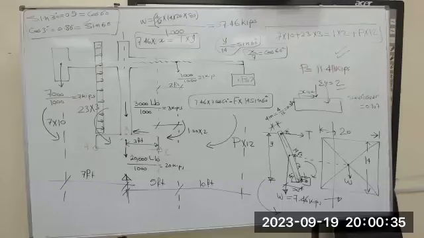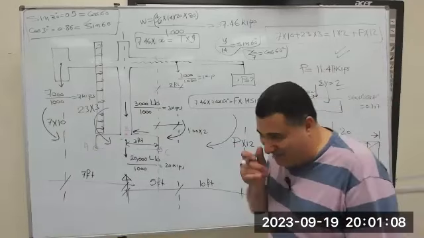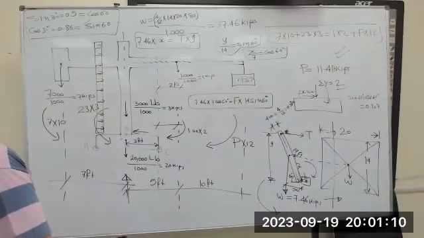Let me see the answer. Maybe it could be 2.3, 2.4, 2 point something. 2.15. Yours is 2.153. This is 14, you take it 14. You're right.